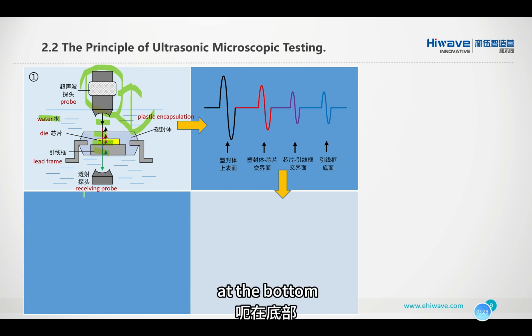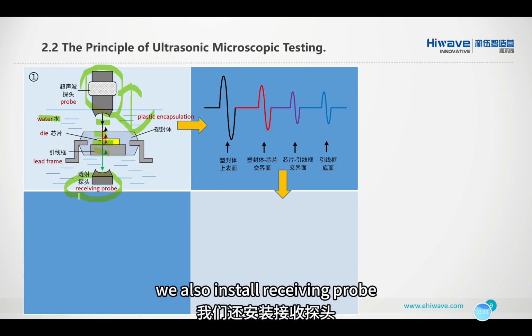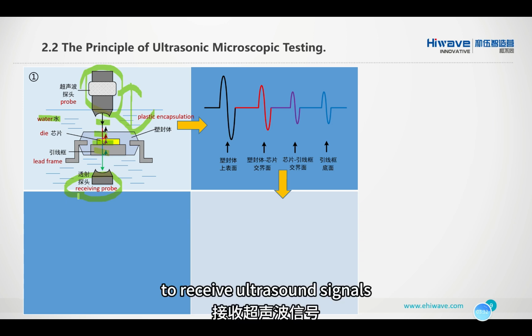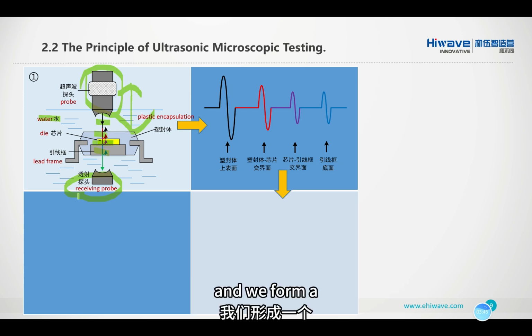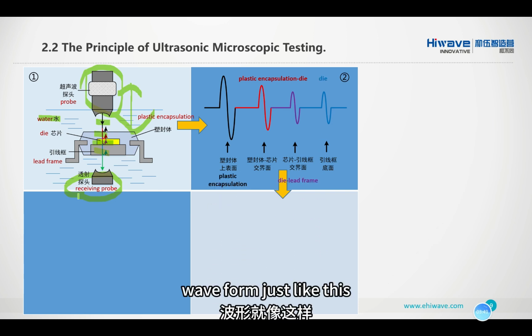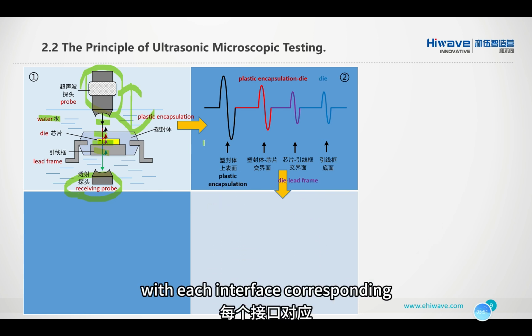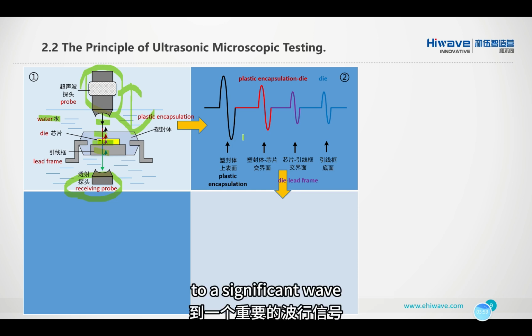At the bottom, we also install a receiving probe to receive the ultrasound signals that pass through the plastic encapsulation and the chip. By collecting and analyzing these signals, we form a waveform just like this, with each interface corresponding to a significant wave.